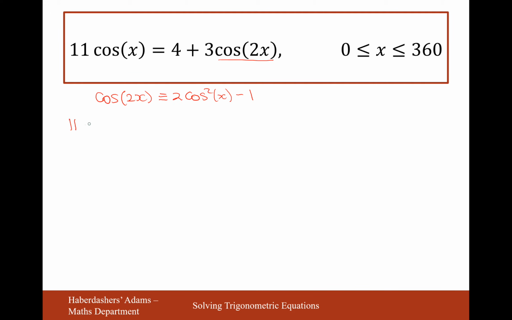So it's going to be 11 cos x equals 4 plus 3 brackets 2 cos squared x minus 1. I'll now open up the bracket on the right hand side. It's going to be 4 plus 6 cos squared x minus 3.